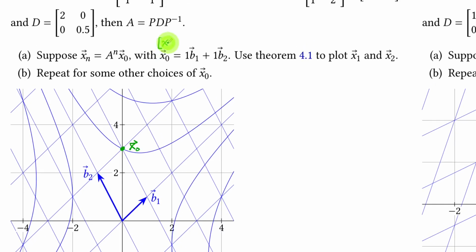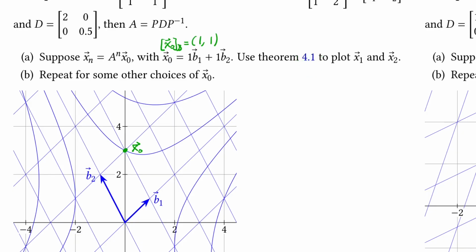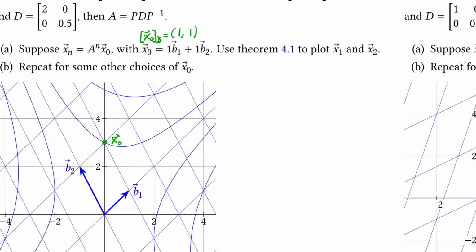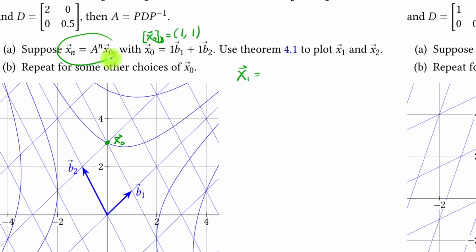Also, what are the B coordinates of x0? Well, it's what do you scale b1 and b2 by to get x0 as a linear combination? That's just 1, 1. Okay, so we have that. Now let's use the diagonal coordinates theorem to plot x1 and x2, because x1, according to this, is going to be equal to A to the power 1, which is just A, times x0.